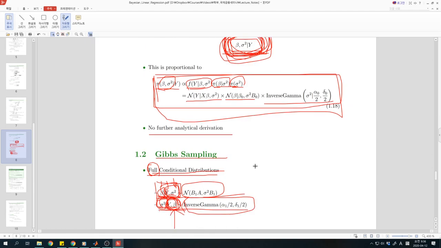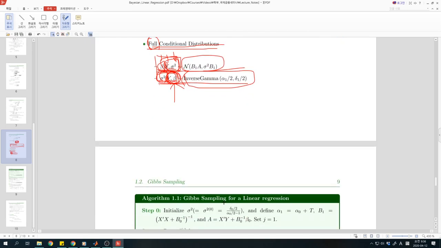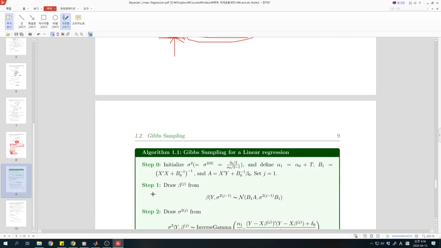Again, this is really important. In each iteration, we sample beta from what? Beta is sampled from its full conditional distribution, not from its posterior distribution, right?